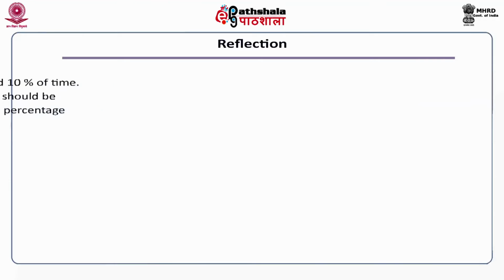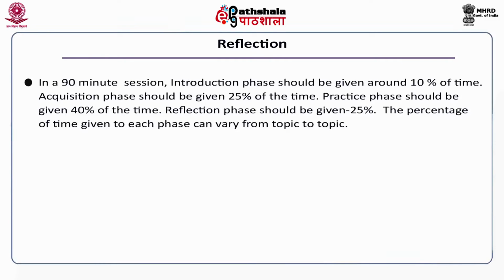In a 90-minute session, the introduction phase should be given around 10% of the time, acquisition phase around 25% of the time, practice phase around 40% of the time, and reflection phase around 25% of the time.